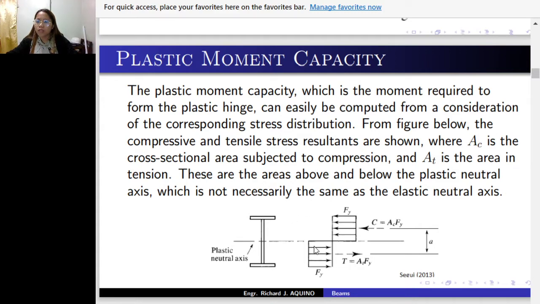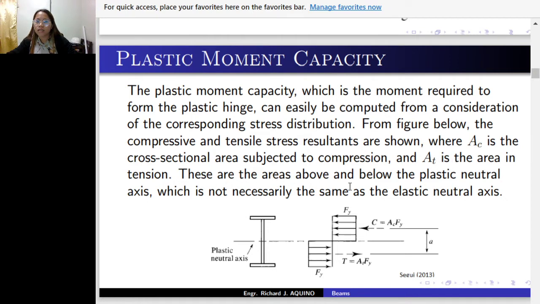So this figure represents the direction of the stresses. From the figure below, the compressive and tensile stress resultants are shown, where A sub C is the cross-sectional area subjected to compression and A sub T represents the area in tension.